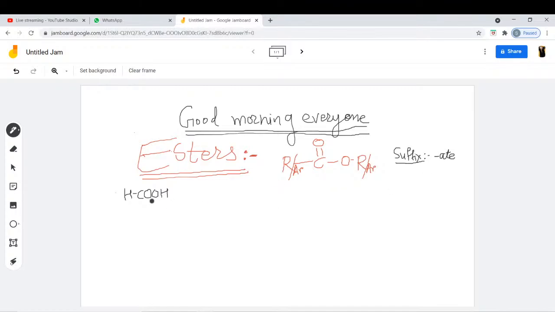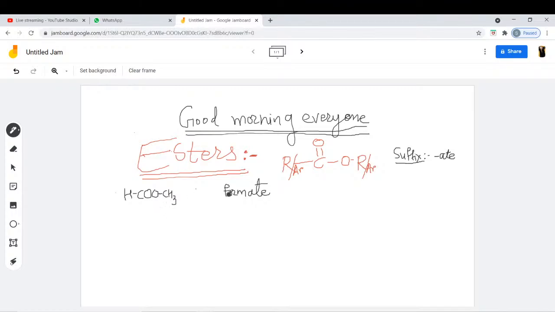So this is formic acid, so you can call it a formate. Its name will be formate. But here the hydrogen atom is replaced by an alkyl or aryl group. So I am removing this hydrogen and attaching an alkyl group, for example CH3.